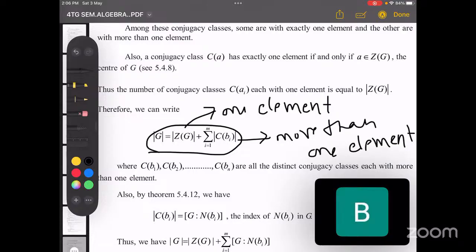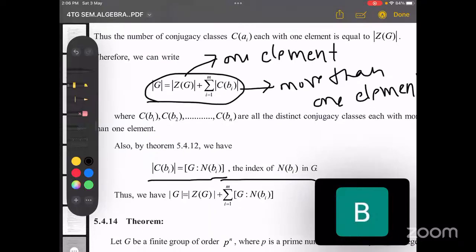Let G be a finite group, A belongs to G, and C of A be the conjugacy class of A in G. Then order of C of A is equal to the index of N of A in G. Just now we have seen that definition of the normalizer. With the help of that you are writing order of C of Bi is equal to the index of N of Bi in G.